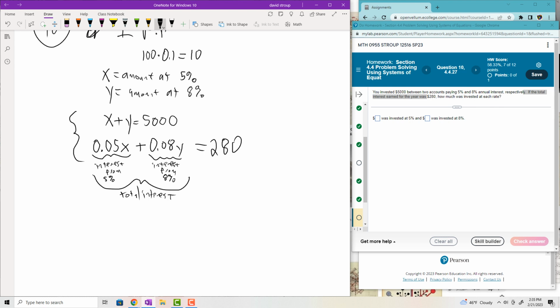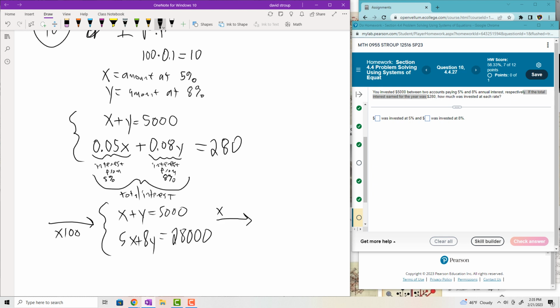You can multiply the second equation by 100 if you want in order to clear out those ugly decimals. So I'll have x plus y is 5,000, and then I have 5x plus 8y equals 28,000. And then I think we can multiply the first equation by -5.